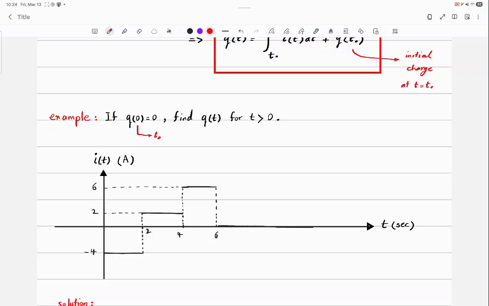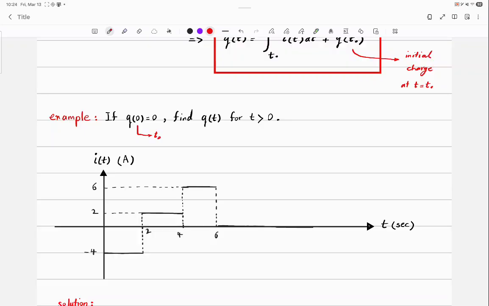Was there any other way to do this integral? Some students prefer the second one that I'm about to do. So instead of writing q(t), I'm going to write q(2).